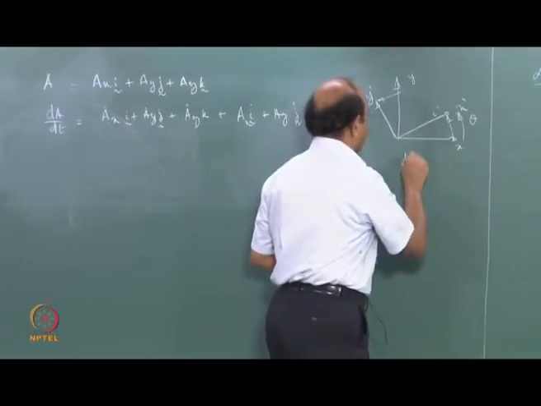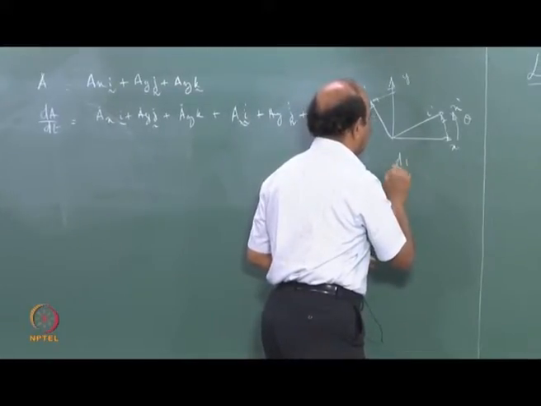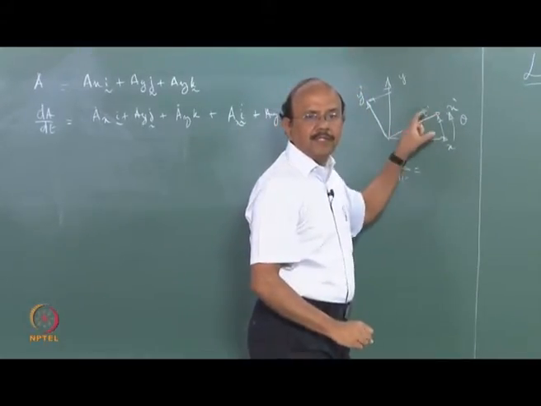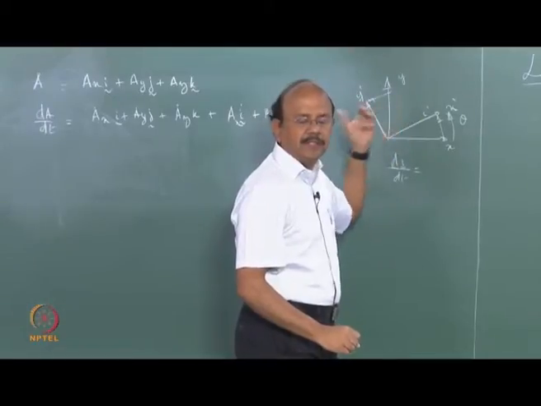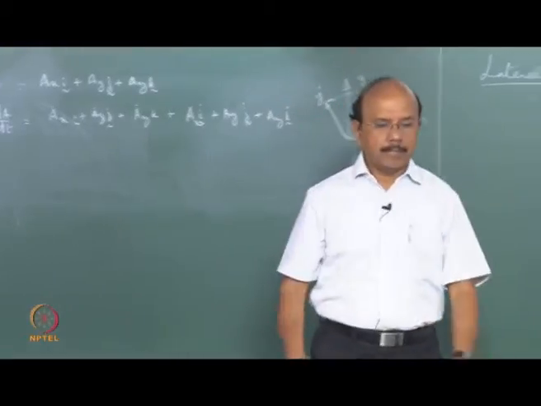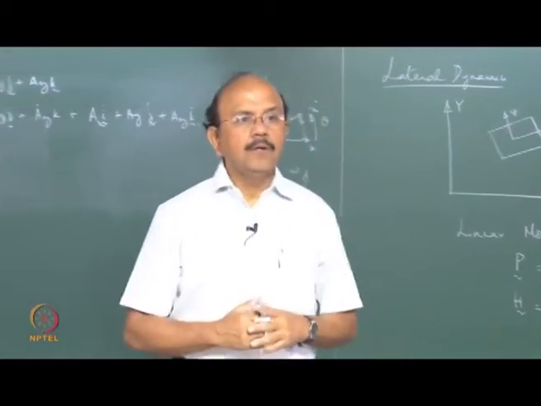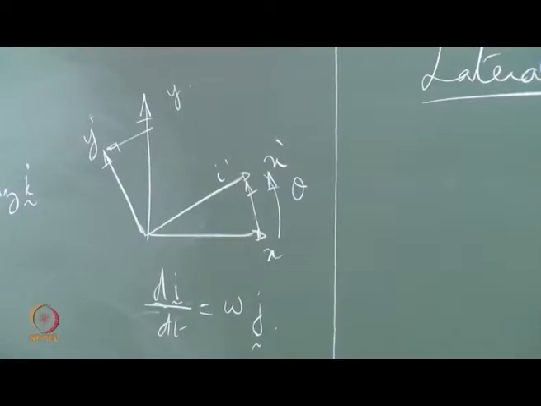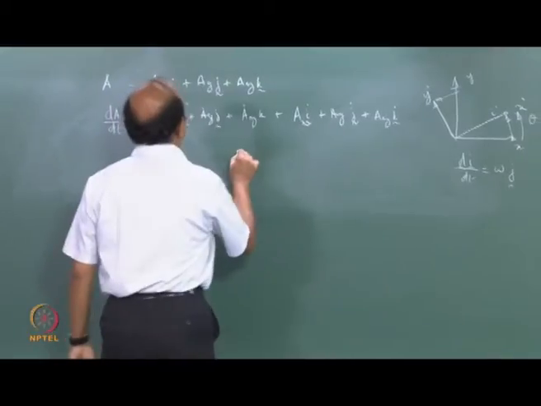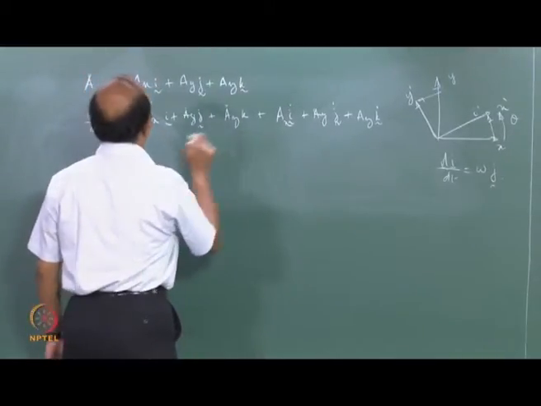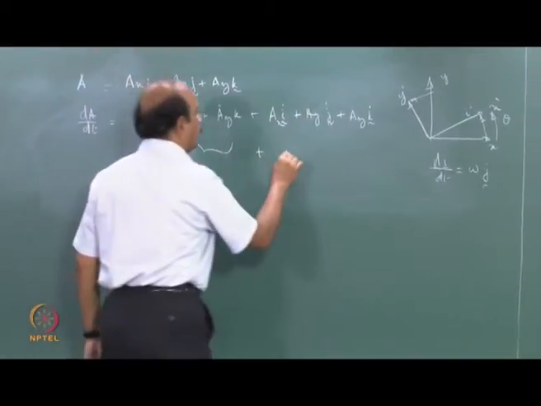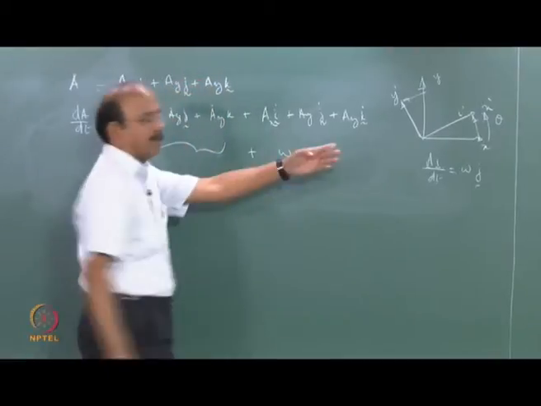So di, di by dt is nothing but d theta by dt, d theta by dt is omega, omega into j. So this you can do for all three and write down this part. This we will keep, plus omega cross A. That's what happens.